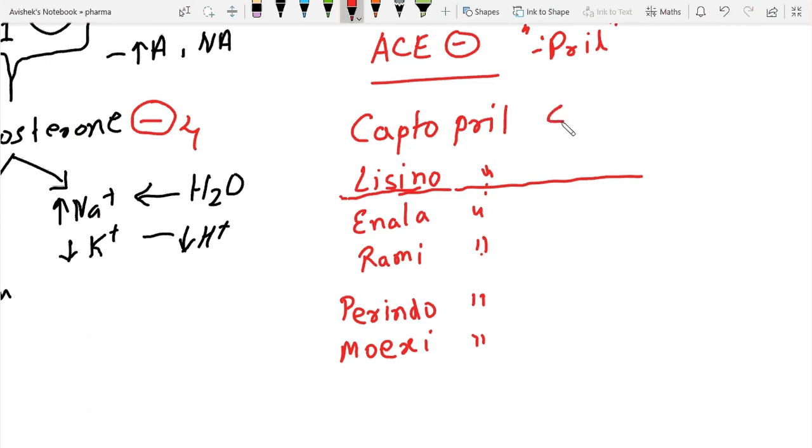They have some features which you can remember with cap, and the others have some features. So all these features you can remember with captopril. Cap is for only these two. So they have dry cough, angioedema.